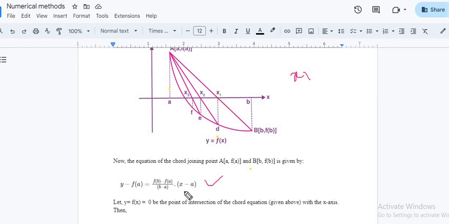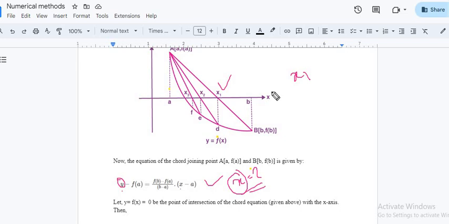So we are assuming that for a certain value of x, the y value is equal to 0. One can consider y equal to 0 and, using simple algebra, find the value of x. This will give you the approximate root.